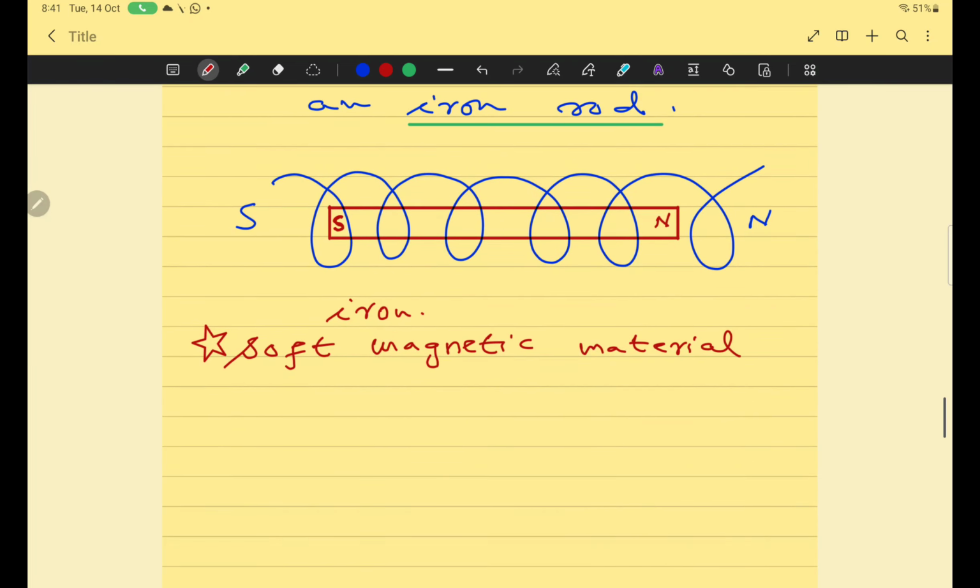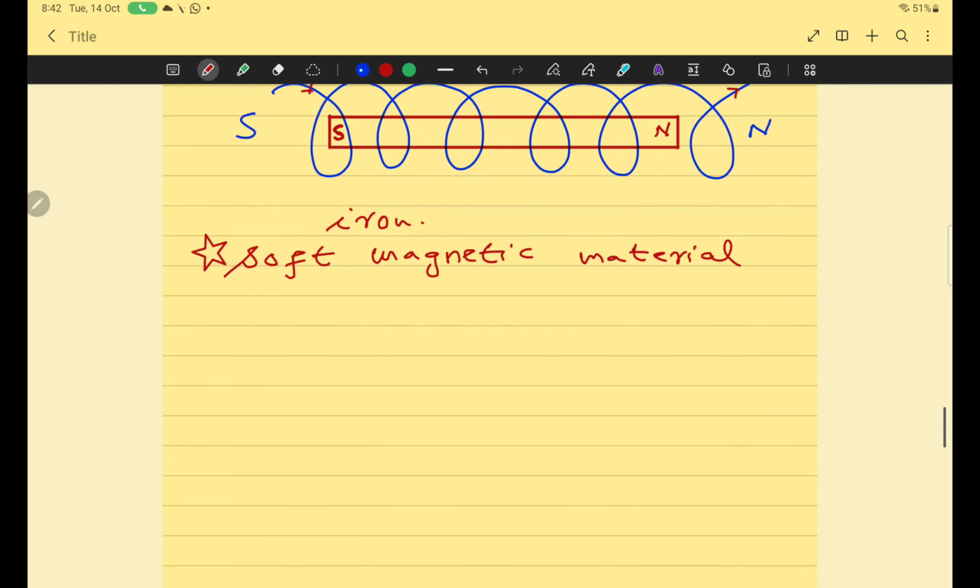As current passes through the coil, the iron magnetizes very quickly. There is no time delay. As the coil becomes a magnet, the iron rod becomes magnetized. But as you switch off the current, the iron rod demagnetizes.